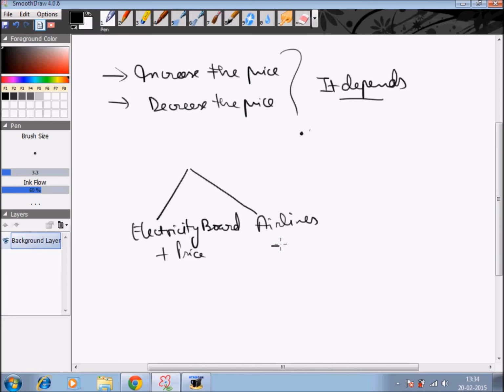It will slash down the prices of the tickets it's charging. Now, which approach amongst these two is correct? I would say they both are.